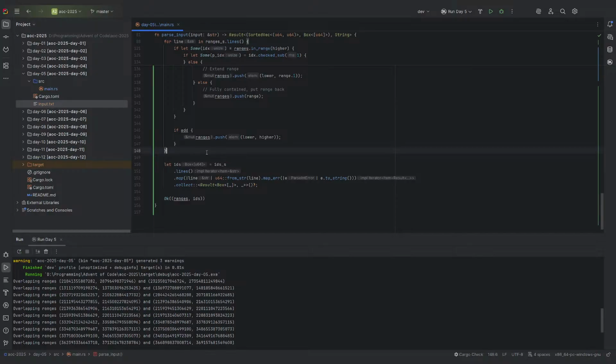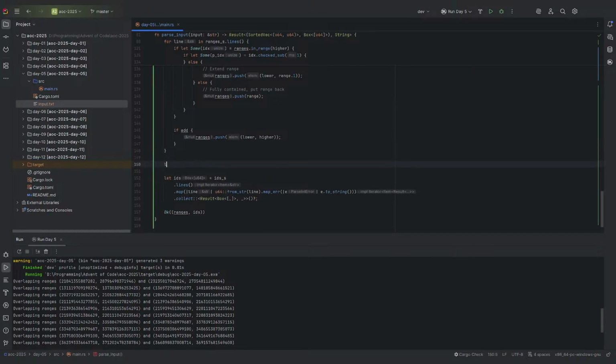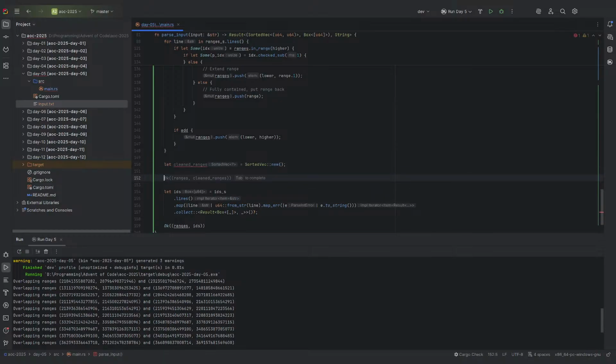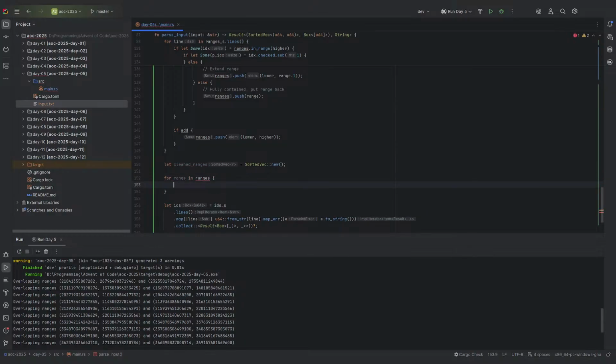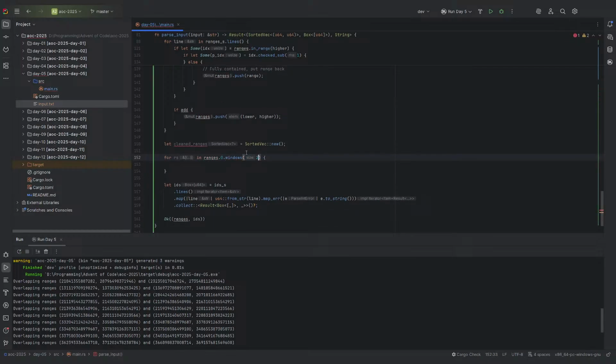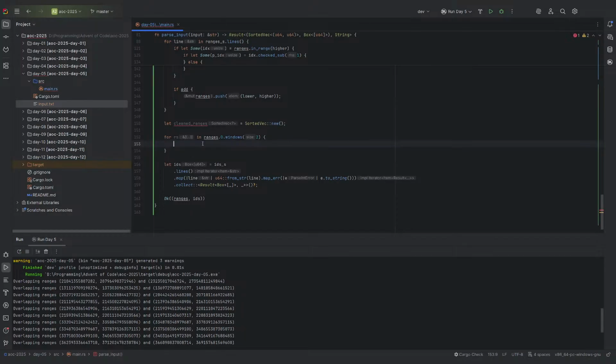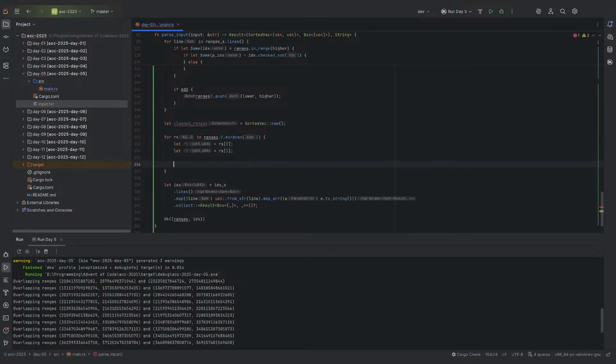Could just add a pass for filtering fully contained ranges. This should be easier to clean up though, so I can just say if it's fully contained.